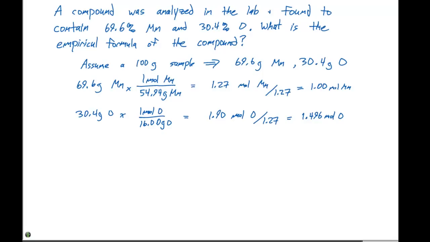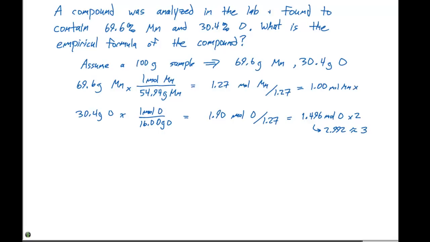When you do these particular problems, you're probably going to observe decimals like 0.5, 0.25, 0.333, 0.1666667, numbers like that. In this case, we have 1.5, which would be 3 halves. So what we need to do is multiply this 1.49 times 2. That's going to give us 2.992, which we can just assume is going to be 3.